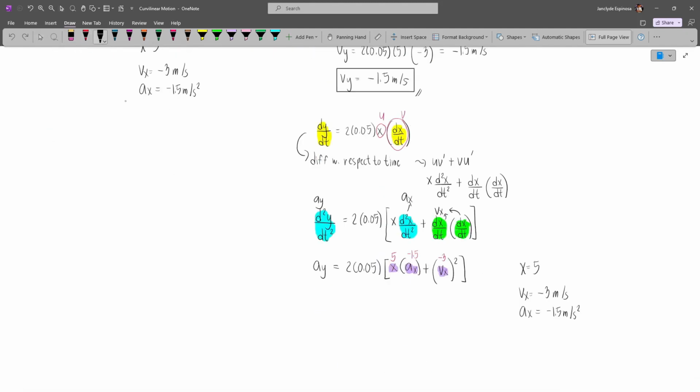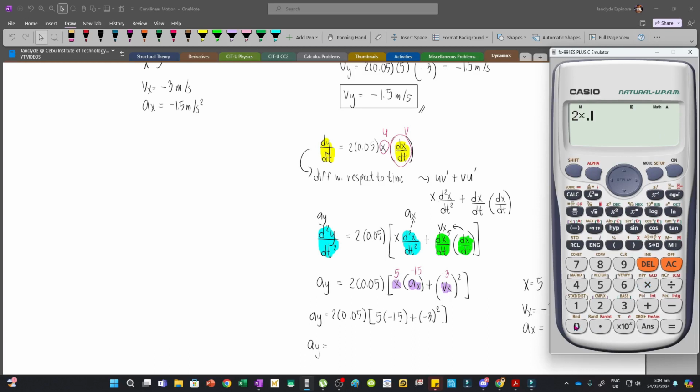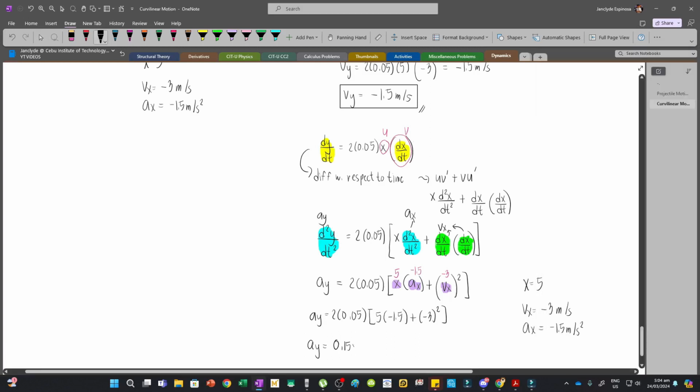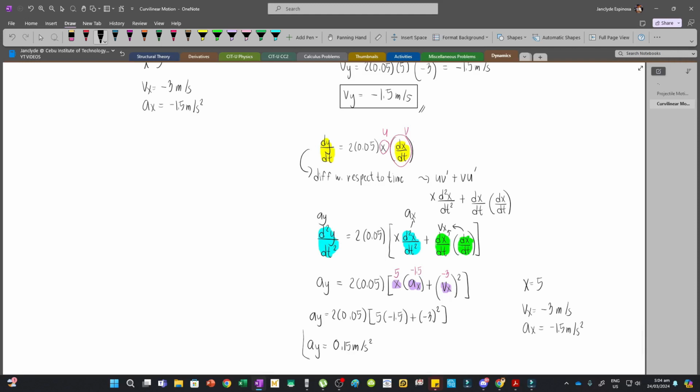We have ay equals 2 times 0.05 multiplied by 5 times minus 1.5, plus negative 3 quantity squared. So ay will be 2 times 0.05 times 5 times minus 1.5, plus negative 3 quantity squared. We have 3 over 20, which is 0.15. So this is 0.15 meters per second squared. This is now our answer.